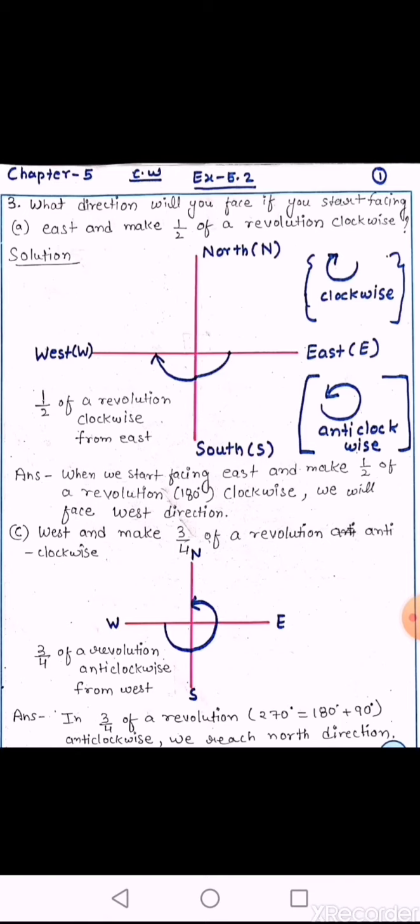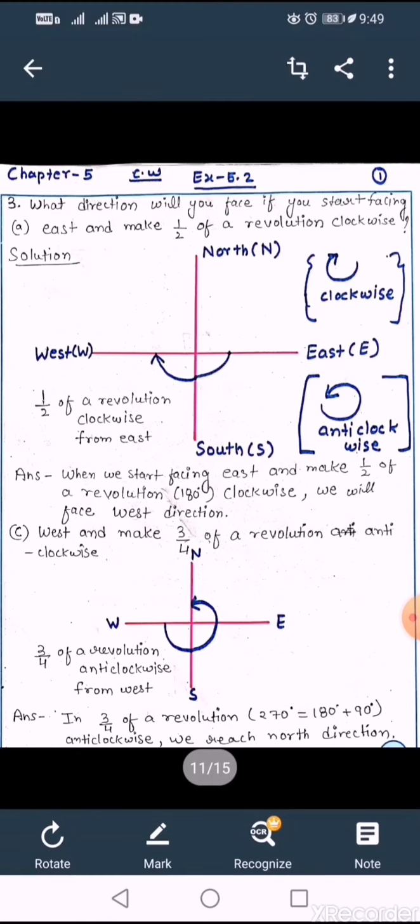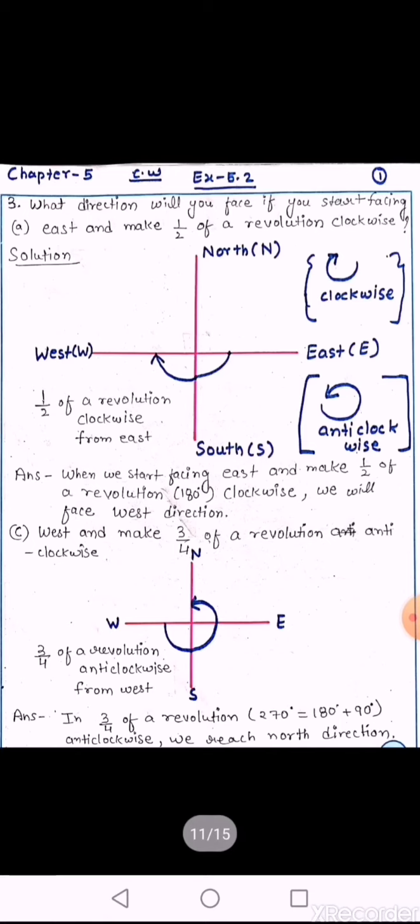Now we start from west. You have to make this figure and see, are you seeing this blue circle line? This blue curved line, we will start from west and move anti-clockwise 3/4 of a revolution.